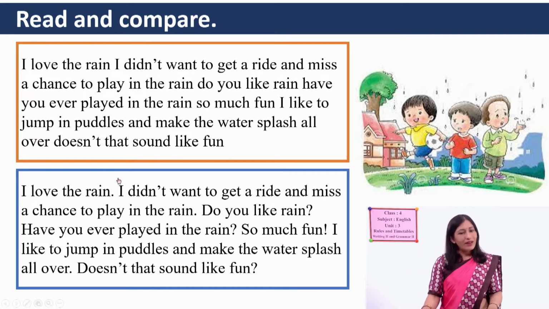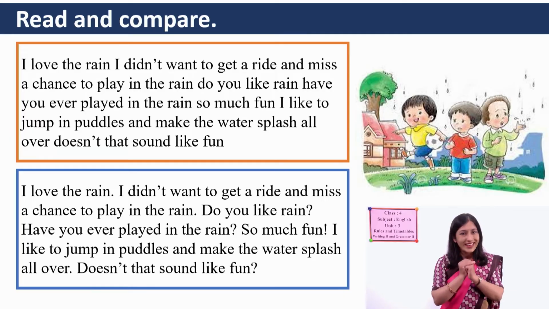But while reading the second one, "I didn't want to get it right and miss a chance to play in the rain." There we can stop because there is a full stop. And the same way, read another sentence here. Do you like rain? Have you ever played in the rain? So much fun. There is no place to stop.